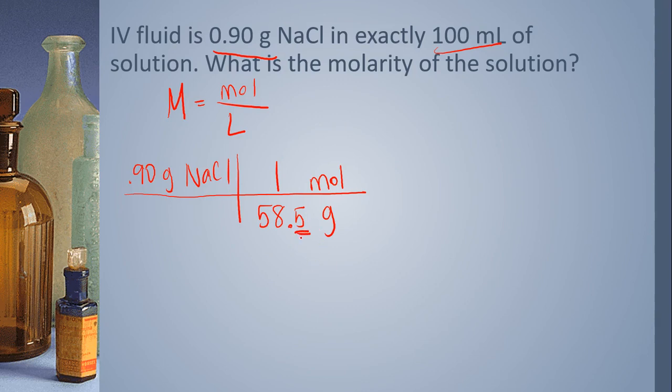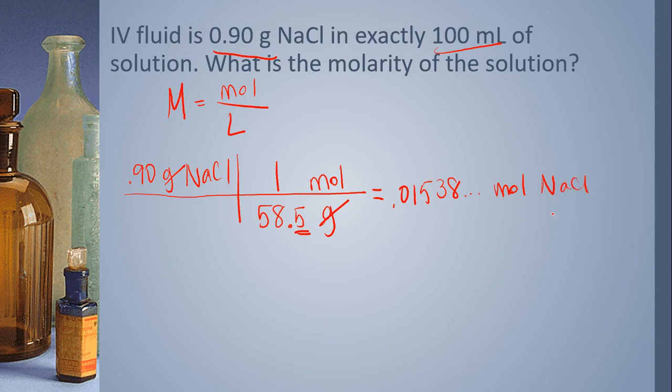If you don't round it to 1 decimal place, then we're not going to end up with the same answers, and you're not going to get credit for it. So if we do the math on this, the grams cancels, and we'll end up with 0.01538 and a bunch more numbers, and that will be moles of NaCl.